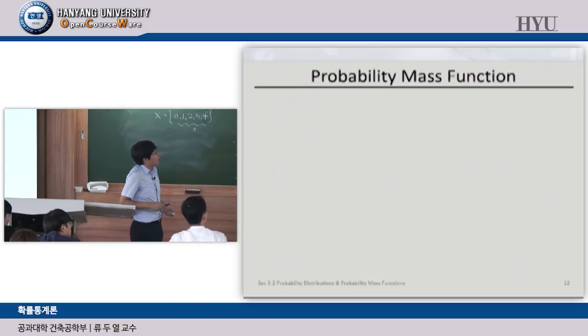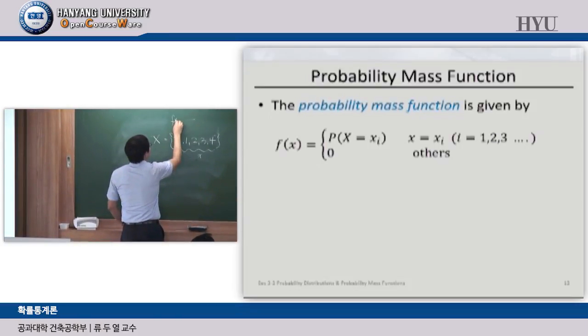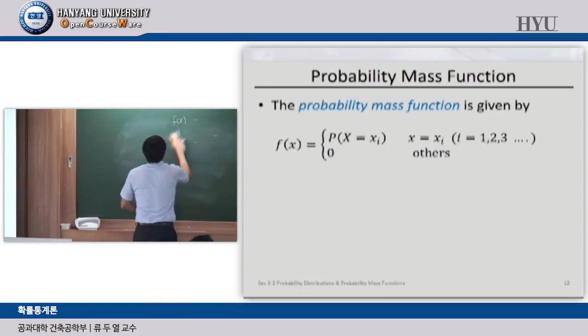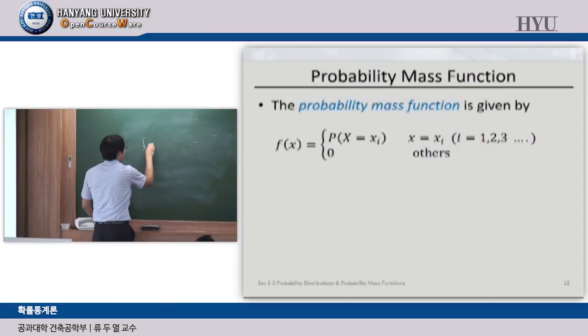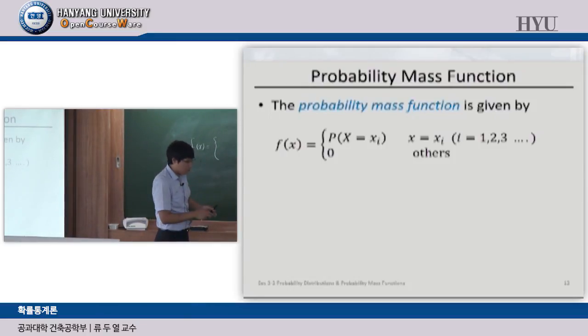Now, we are going to learn about the probability mass function. The probability mass function is given by this equation. The probability mass function can be expressed by small f of x, okay? This is the equation representing the probability mass function, okay? The probability mass function can be divided into 2 parts.